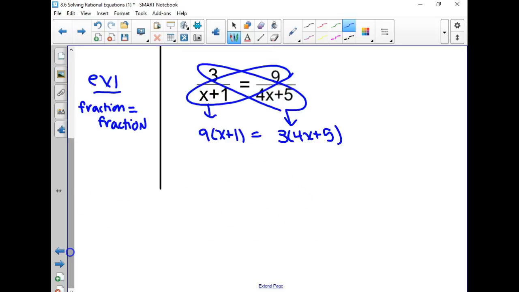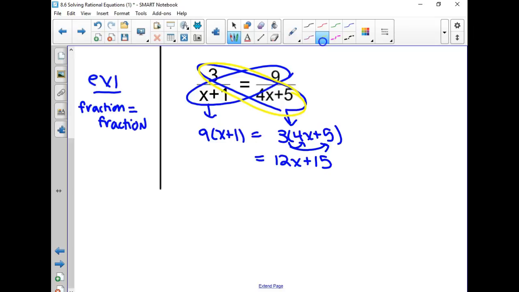Now, I know some of you could probably do that in your head, but there are lots of mistakes that happen when people do that in their head. So some of you could jump right away and say, oh, well, I know that 3 times 4x plus 5 is 12x plus 15, because you can distribute that just by looking at this oval here. But just pay attention to details.